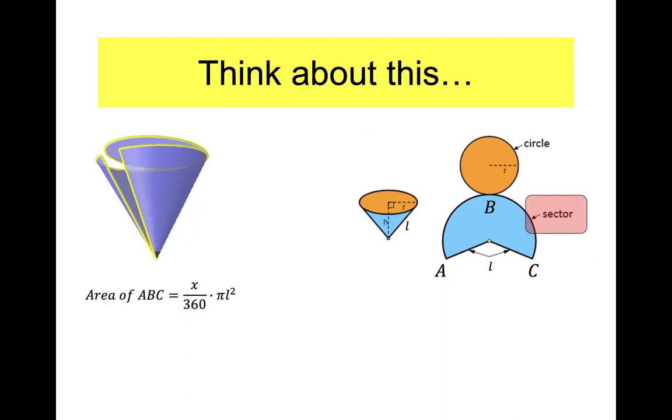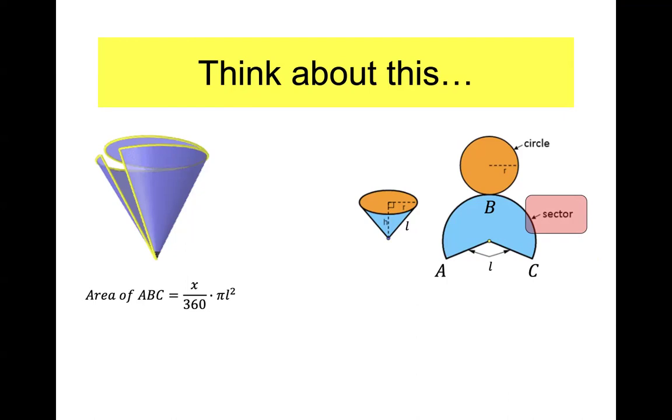Remember, this is the formula for sector area. So sector area is x over 360 times pi r squared. Well, our radius on that blue Pac-Man thing is L, so that changes an r to an L. And remember that x is the central angle that's formed. And we're not talking about the central angle for the white portion. We're talking about the blue portion.